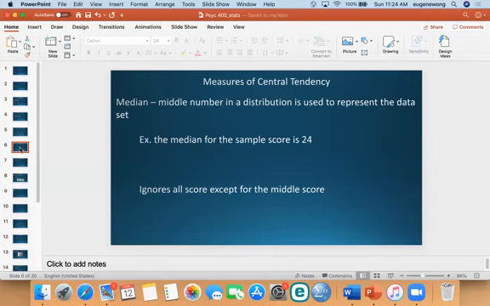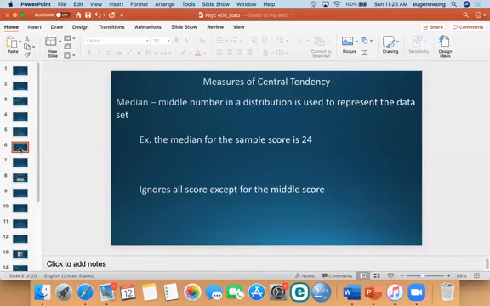So what happens here is that you have to take the set of numbers that you're working with, and you have to put them in order from lowest to highest. Once you have them in order from lowest to highest, you then work from both ends. And you chop off a number from both ends, and you keep doing so as you move towards the middle. And when you get to the middle, that is the median.